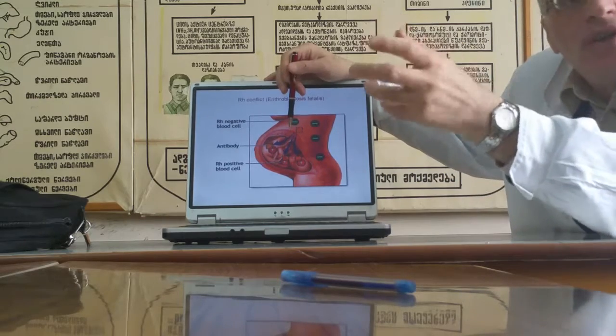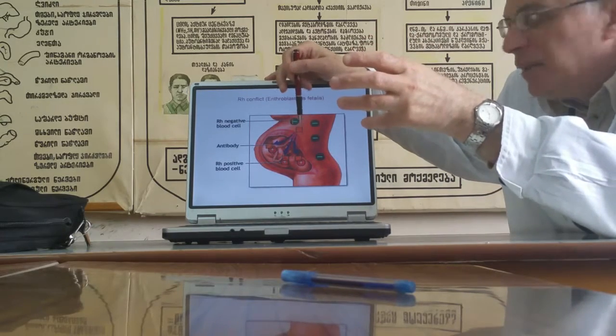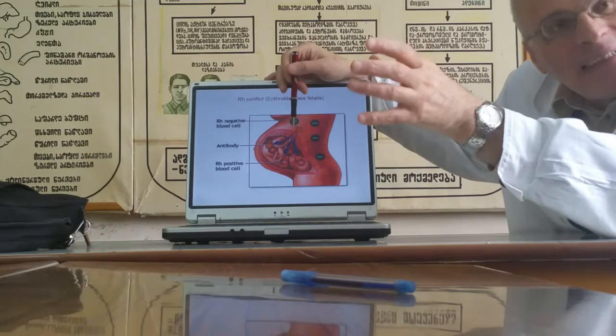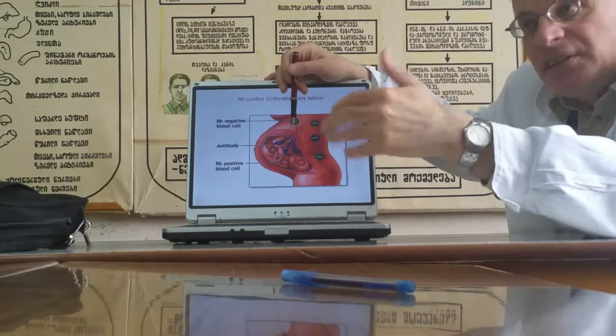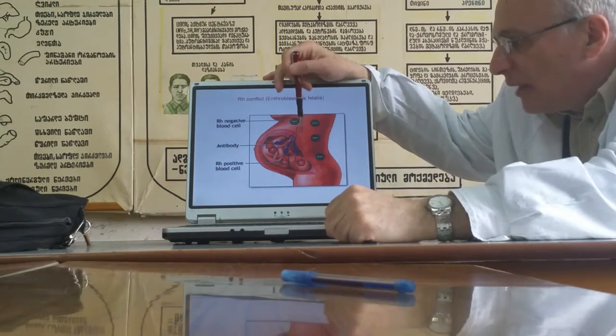This also needs three to four months, for production of this large amount of antibodies.